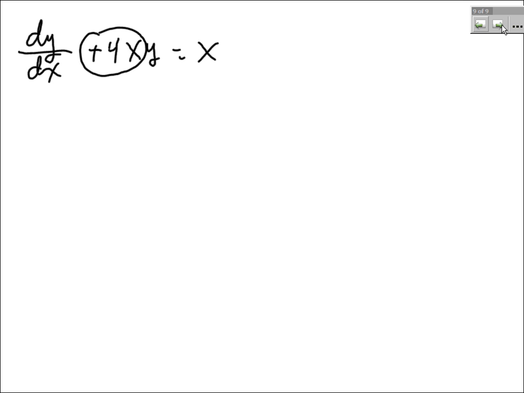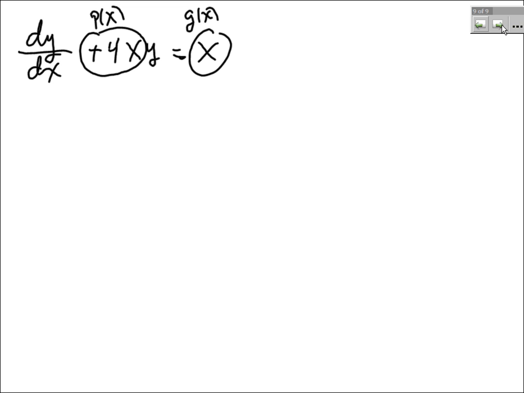Let's try some more. Suppose that you were given this equation, dy dx plus 4xy is x. So that's p of x, and that pure function of x, well, that's g of x.